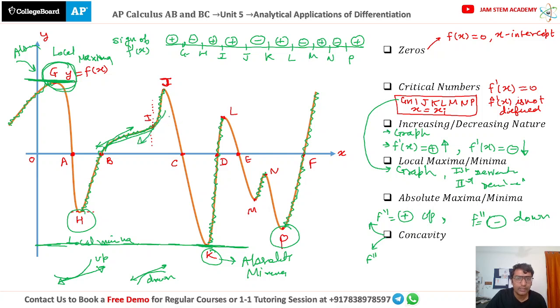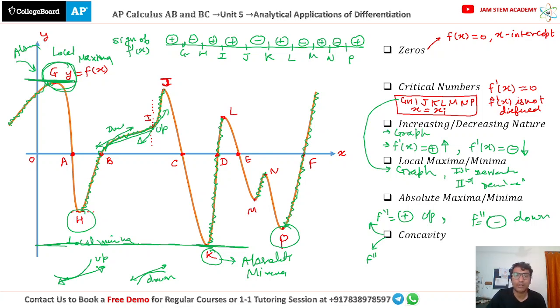Concavity is upward, right? Down and up. So at the I point, the function is not changing its nature from increasing to anything else. It is increasing and again increasing, but it is changing its concavity at the I point from down to up.